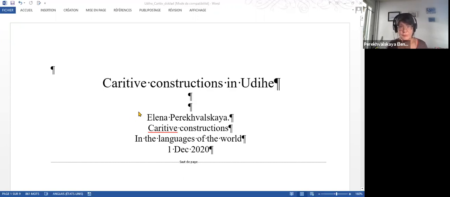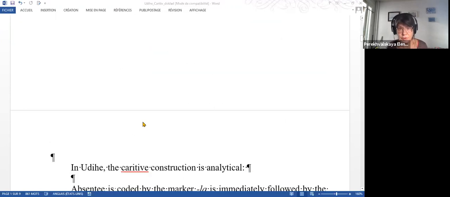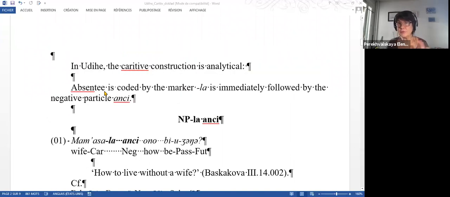Okay, so I will speak about this construction in Udihe. I will probably mention the data. I was based on a corpus of Udihe texts of different times.